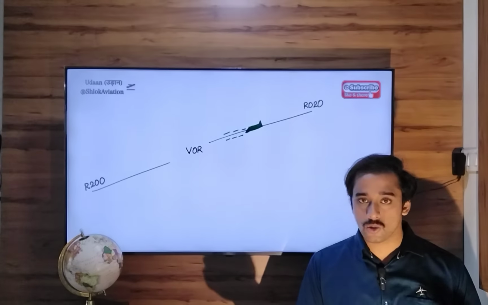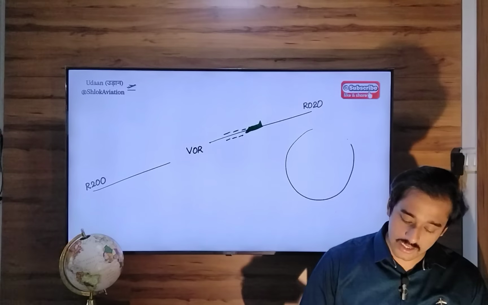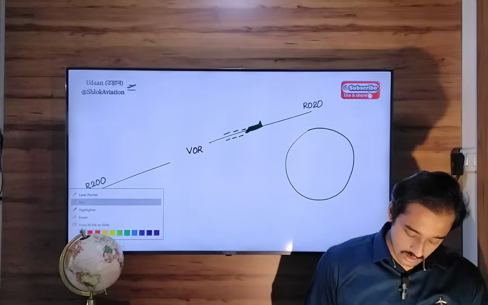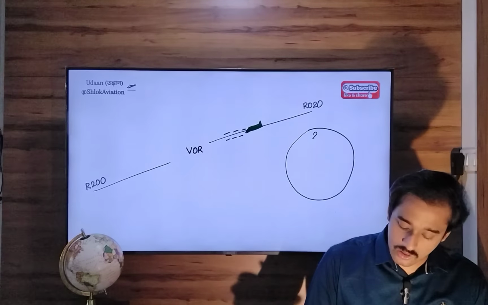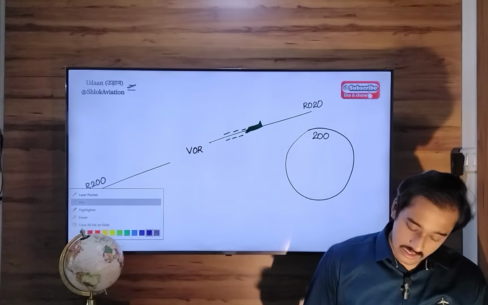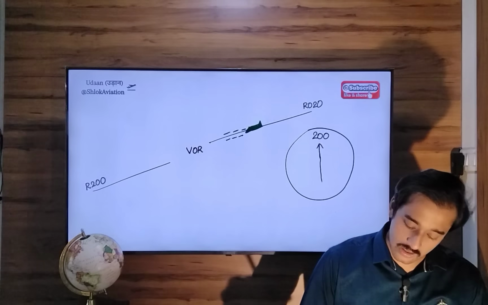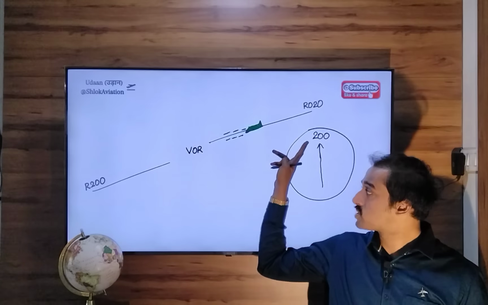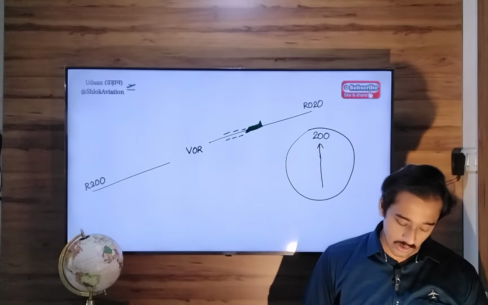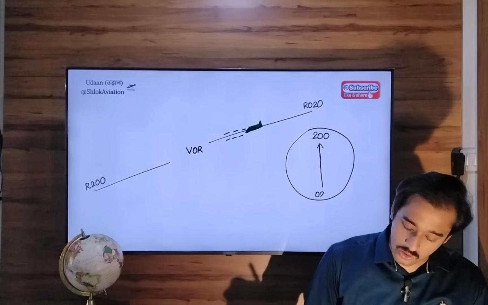Inbound on radial 020, and therefore the course selected on the HSI is 200. Okay. And the needle is indicating 200, and the reciprocal of this 200 is the radial you are situated on, and that will be written here, 020.